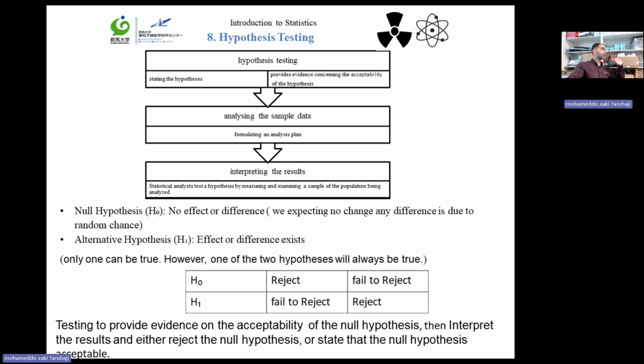Usually in the academic scientific world, we always have first the null hypothesis, which means nothing will change, no effect, it's normal. I do my experiment, and I am expecting no change at all. If any change happens, it means it happens randomly.